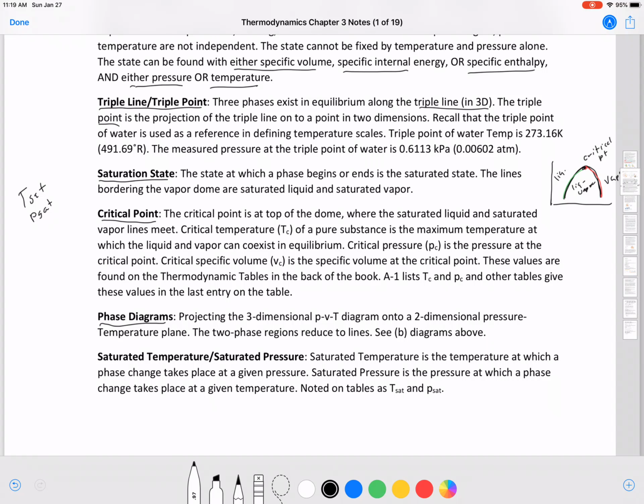And then saturated temperature and saturated pressure: saturated temperature is the temperature at which a phase change takes place at a given pressure, and saturated pressure is the pressure at which a phase change takes place at a given temperature. These are noted as P-sat and T-sat. And that would again be the saturation state lines, those values that were given there.